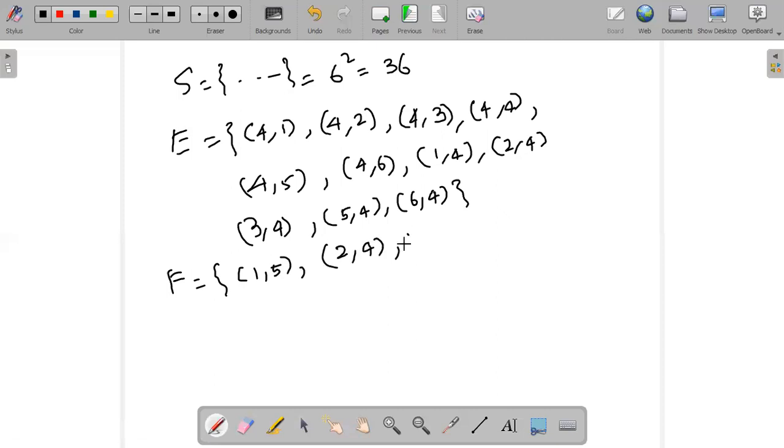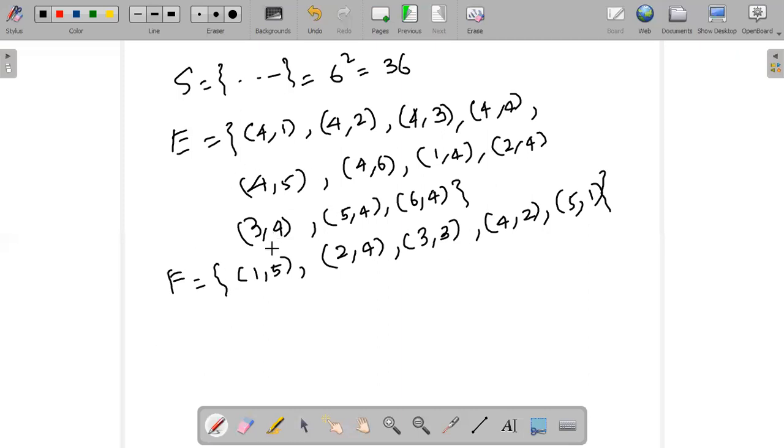Can you tell me another? 3 and 3. 4 and 2. So 1 and 5 and 5 and 1 aren't the same? Yes, we can write that. Can we write 6 comma 0? No, it doesn't happen.